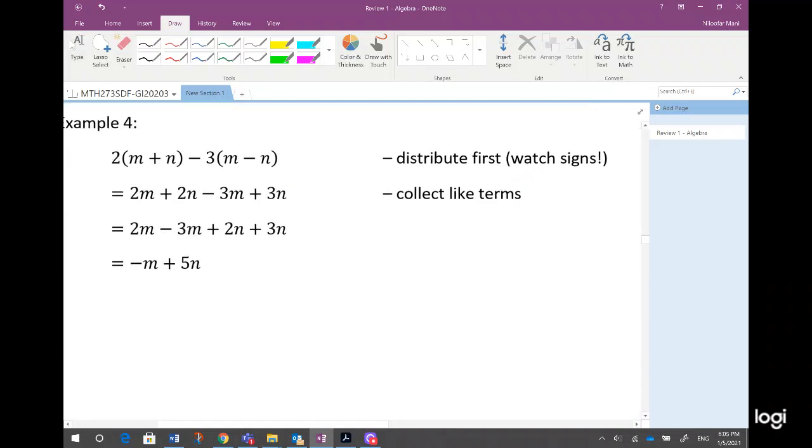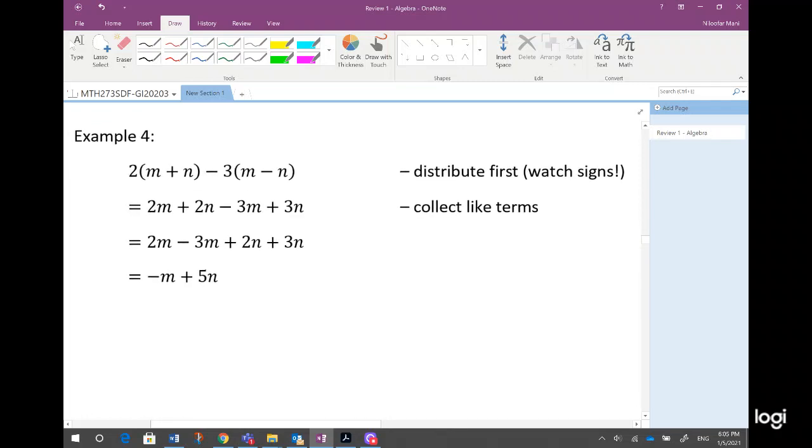Now, example here. What do you do? Mathematically, based on BEDMAS, I want to do this first and this second, but I can't because I don't know what m and n are. So I do this first, I do this next, and then I do this. So 2m plus 2n minus 3m plus 3n.